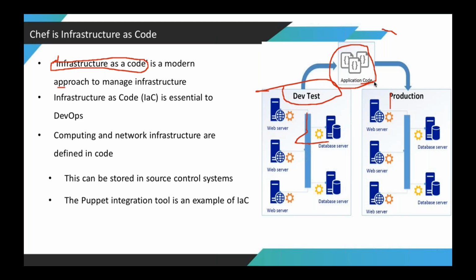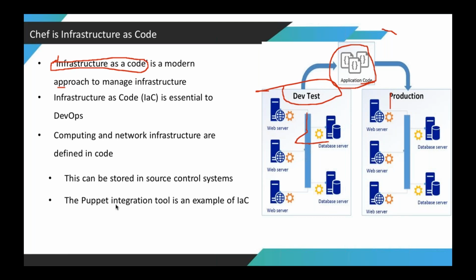So that is the advantage of infrastructure as code, and you will see that the more and more practices of infrastructure as code are required to manage bigger environments. When you have a large number of nodes to be managed, then infrastructure as code practices can play a significant part.